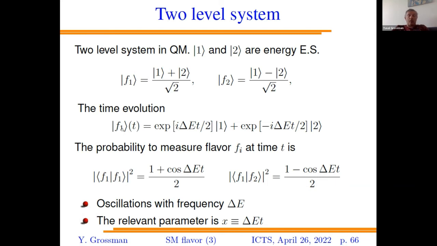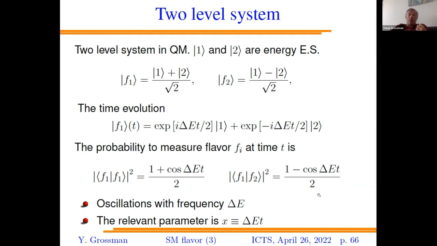Okay, this one is F1 of t, F1 of t projected over F1. So I take my state that I do time evolution on and I project it onto this state. That's what should have been here, okay? And what you find is the following probability. The probability to measure F1 is 1 plus cosine delta E t, and the probability to measure F2 is 1 minus cosine delta E t. And that's the well-known phenomenon of Rabi oscillation, okay?